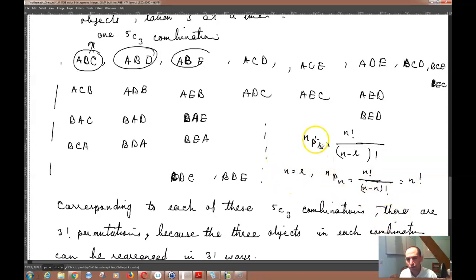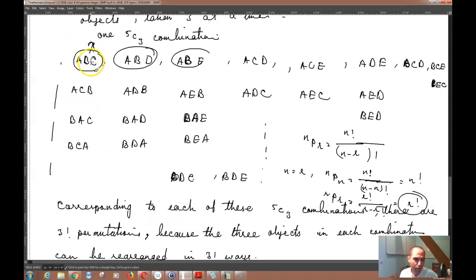Or I can write R permutation R as R factorial over R minus R factorial, and again I get R factorial. So when you have R objects and take them all at a time, we always get R factorial.